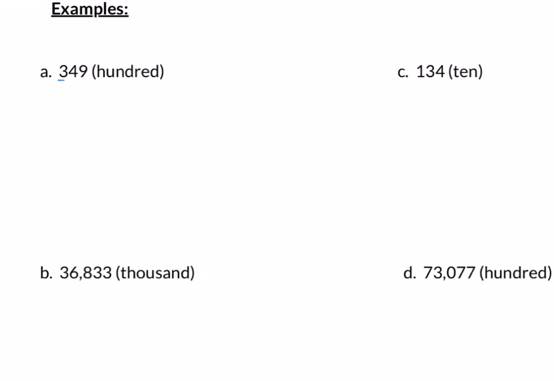We are going to look at the digit to the right, the 4, and we want to know, is this 5 or more or less than 5? 4 is less than 5, and so remember that if it is less than 5, we're going to round down, meaning I leave my 3 alone, and then I replace all the digits to the right with zeros. So 349 rounded to the nearest hundred is 300.